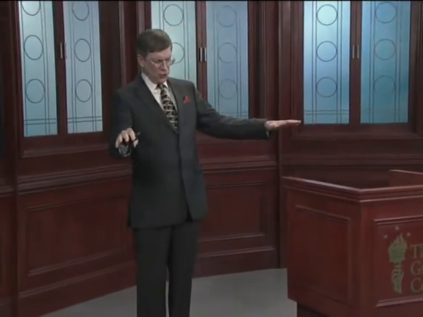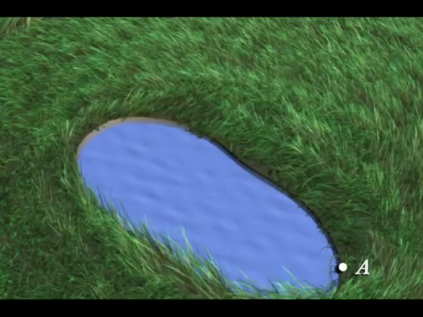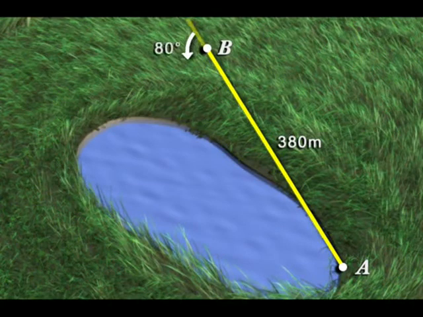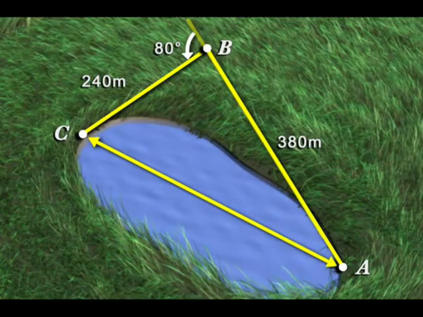So let me say it a different way. Here's this marsh, and you want to find how long it is, how far it is from A to C across the marsh. And of course, I don't want to swim it. So what do I do? I start at A, I walk 380 meters, make a turn of 80 degrees, walk another distance, 240 meters, and then I end up at point C. Will I be able to find the length of the marsh?